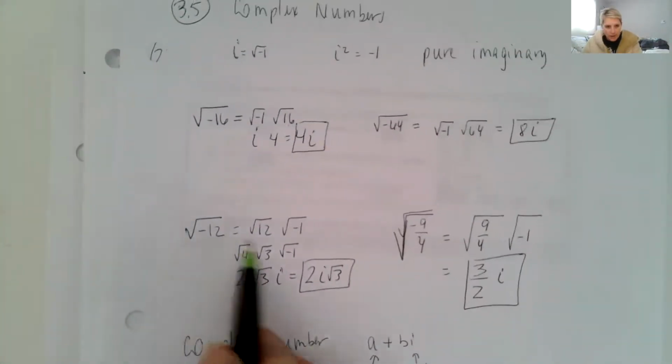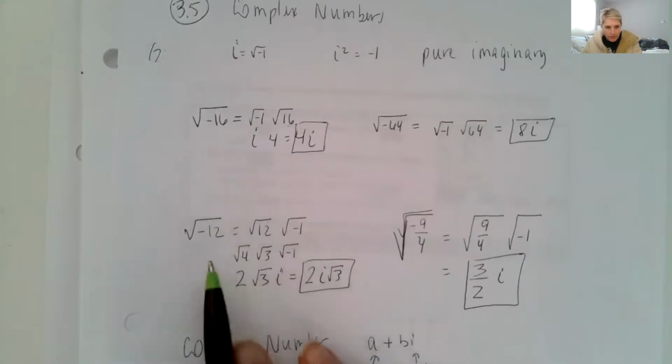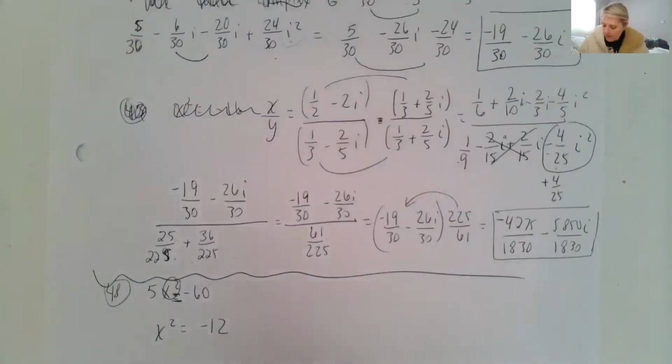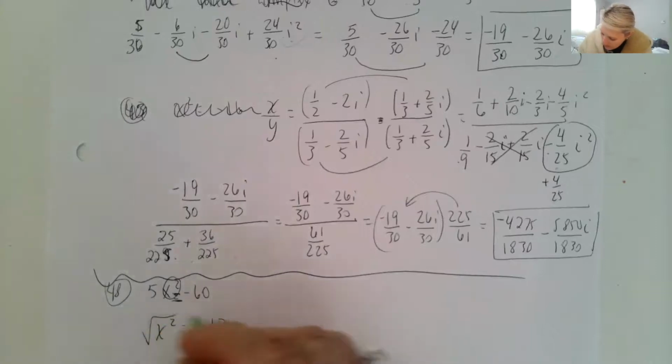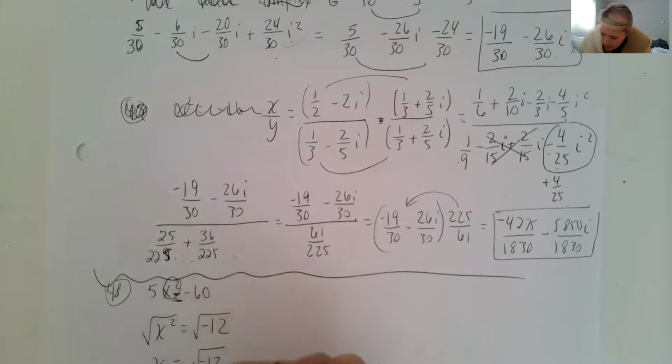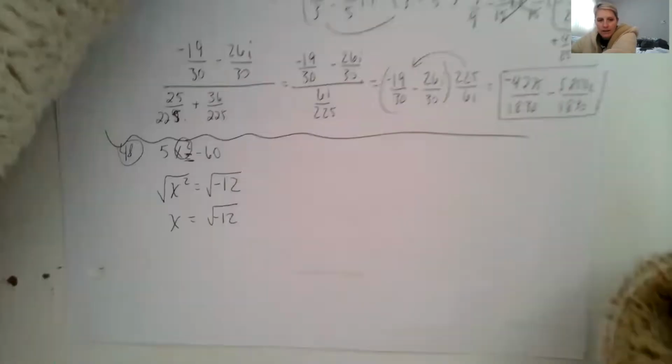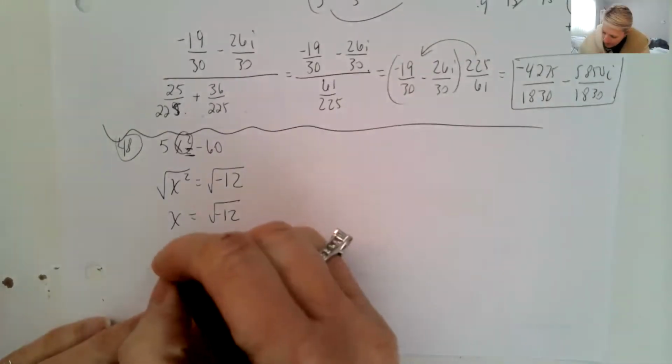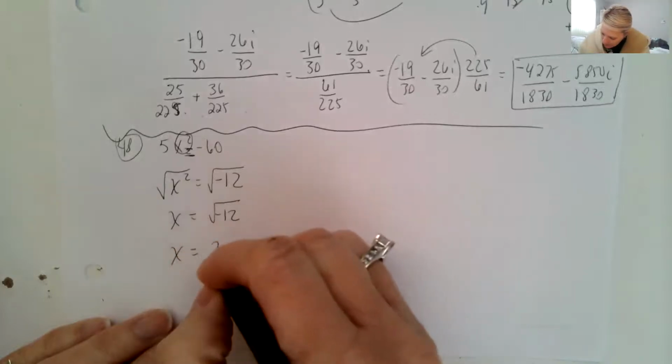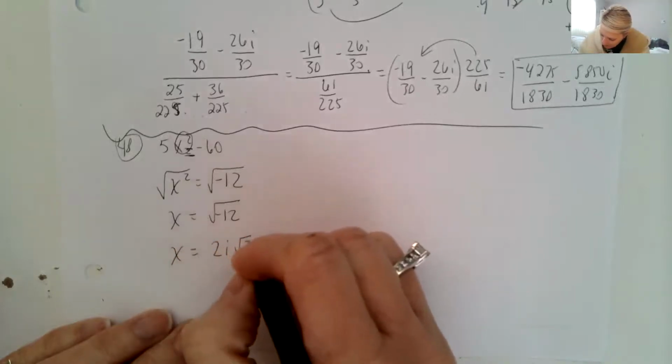The square root of a negative 12 can be simplified into 2i the square root of 3, because we're going to end up taking the square root to solve for x. And so x is going to be 2i the square root of 3.